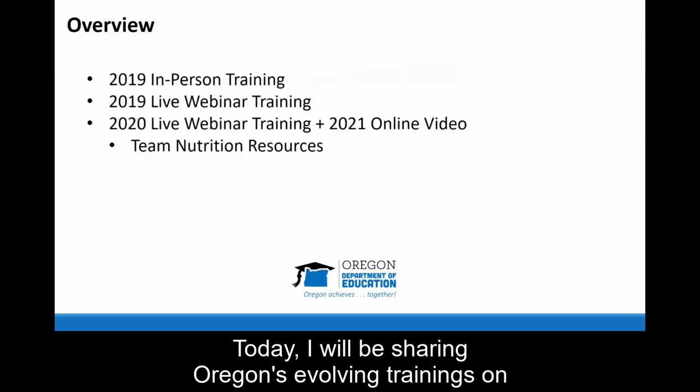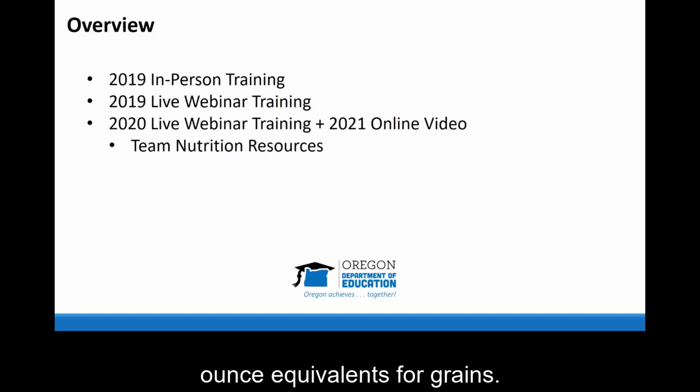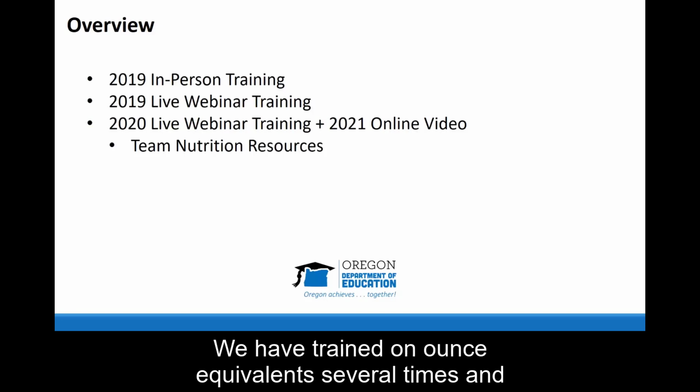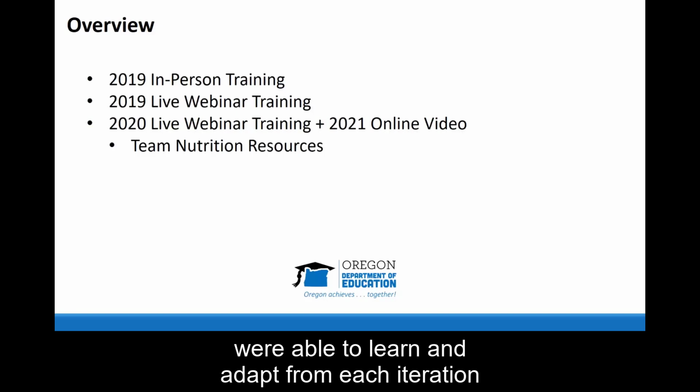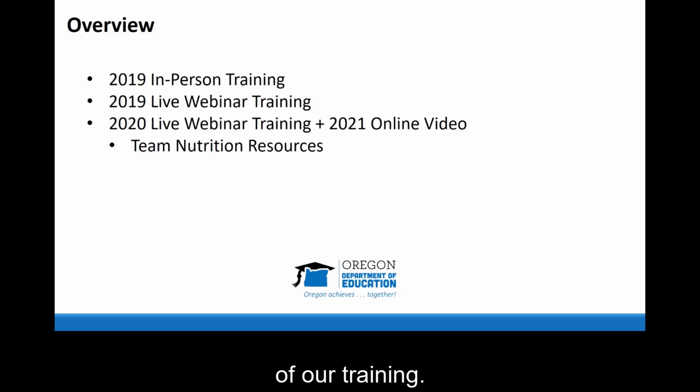So today, I will be sharing Oregon's evolving trainings on ounce equivalents for grains. We have trained on ounce equivalents several times, and we're able to learn and adapt from each iteration of our training.